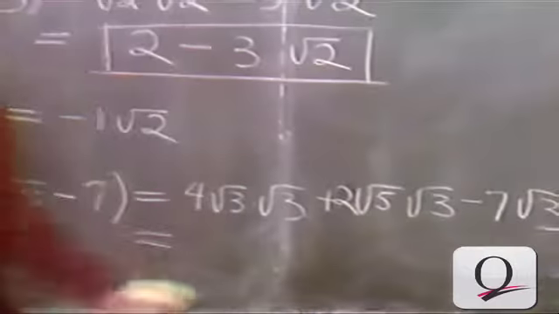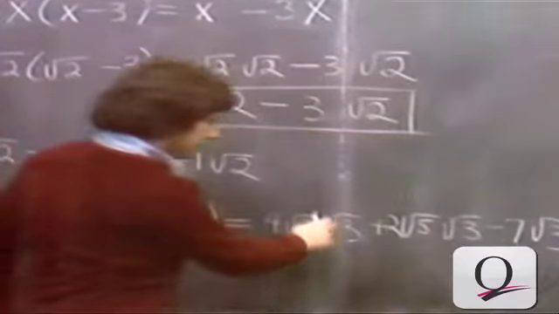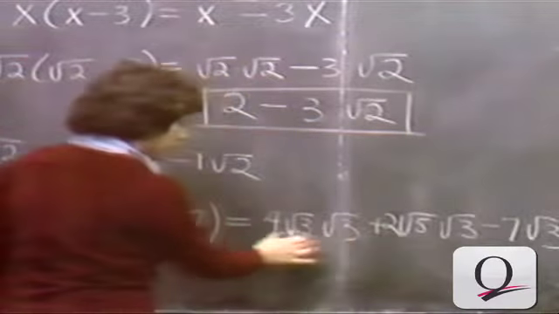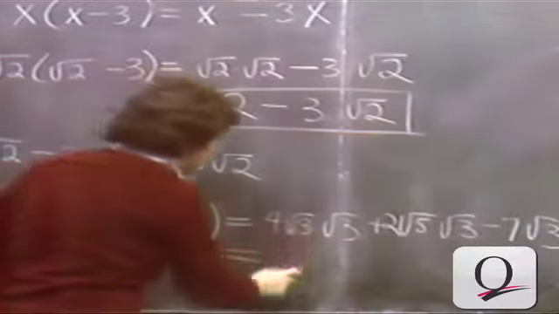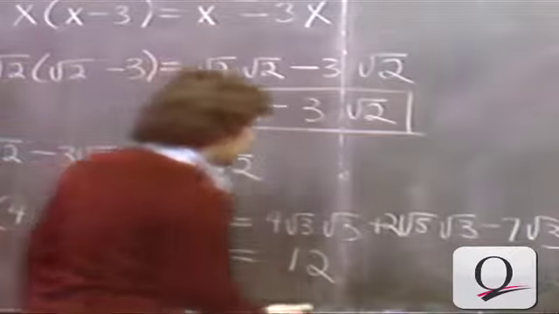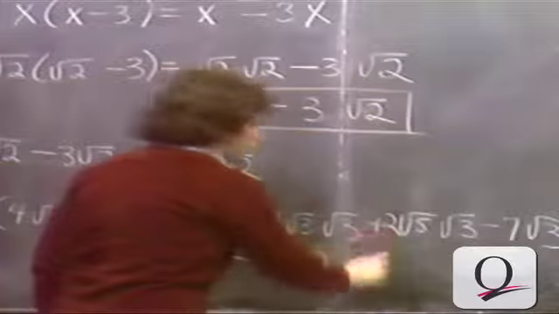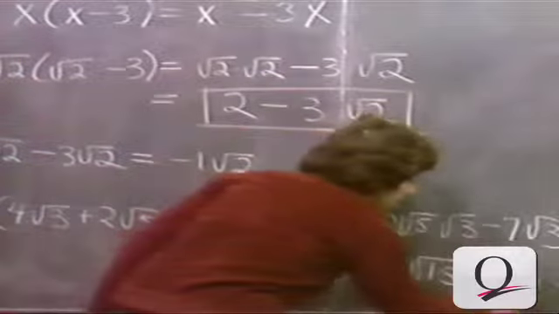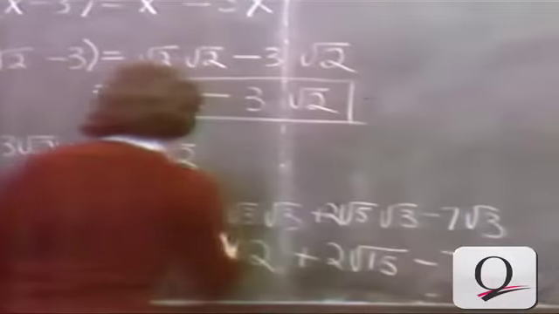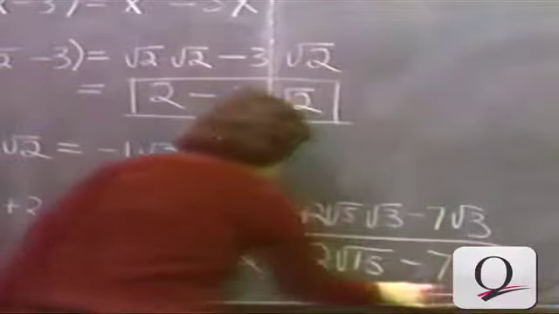Now, the square root of 3 times the square root of 3, that's 3. 4 times 3 gives you 12. This is plus now 2 times the square root of 15 minus 7 times the square root of 3. This is our answer.